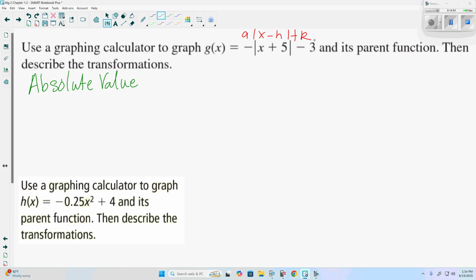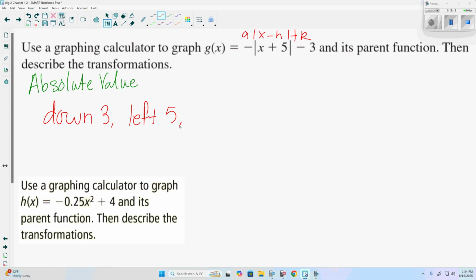Yeah, there's no vertical stretch or shrink. But it does have everything else. So how far are we moving up or down? Down 3. Left, right. Left, how far? 5, because again, it looks plus 5. It looks like it should move 5 units to the right. Nope, we're moving 5 units to the left.